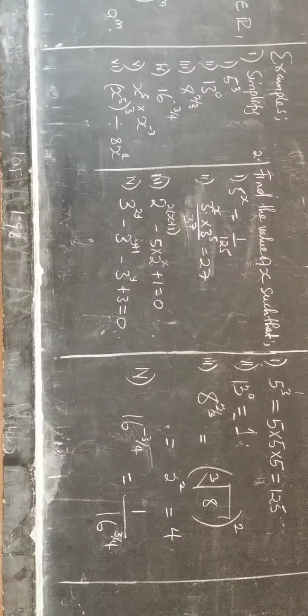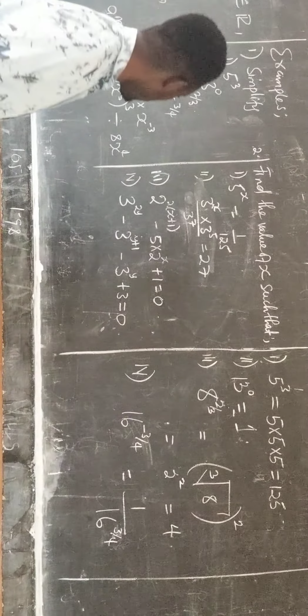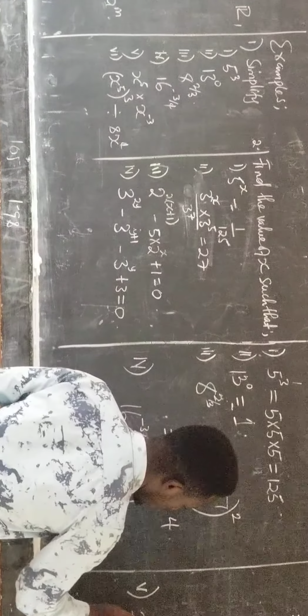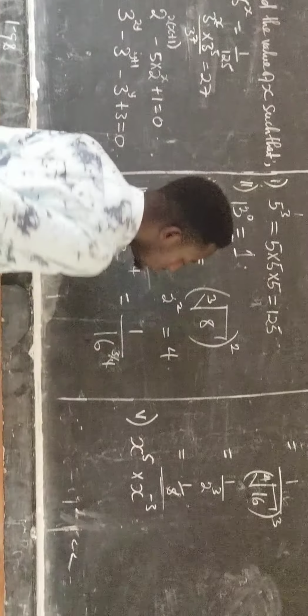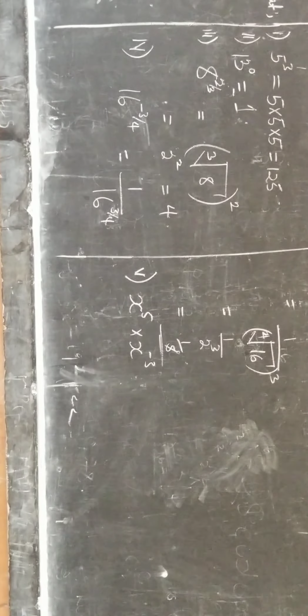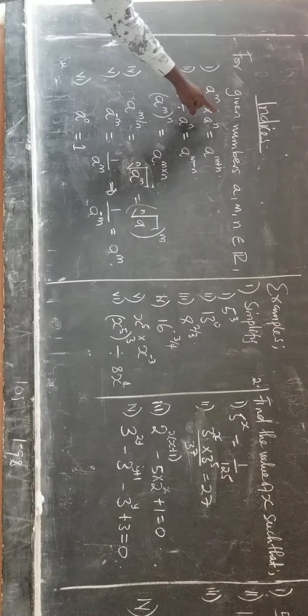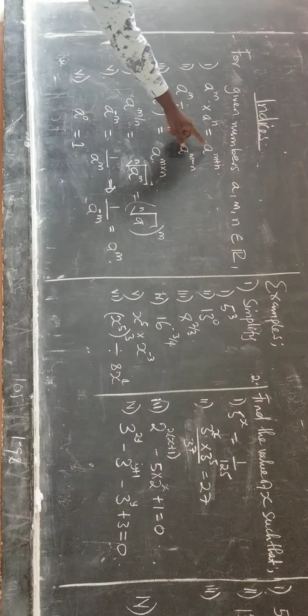If you look at Roman 5, we have x power 5 times x power minus 3. Remember what we said? If you are multiplying same bases but different powers, what you have to do is add the powers.